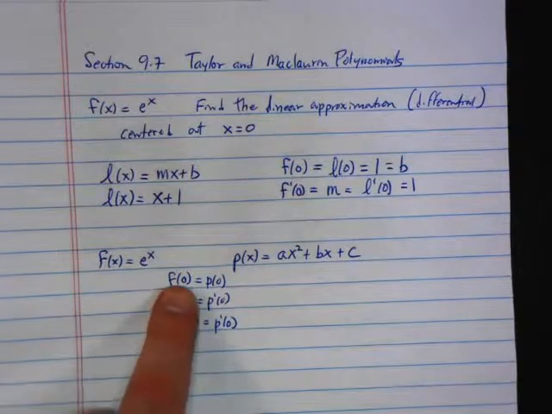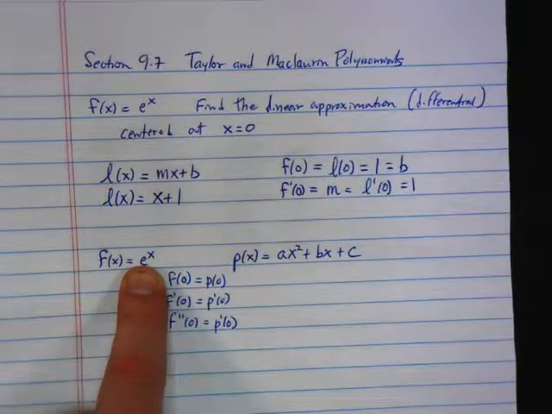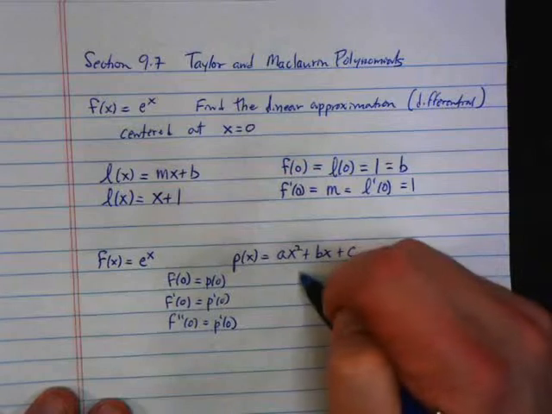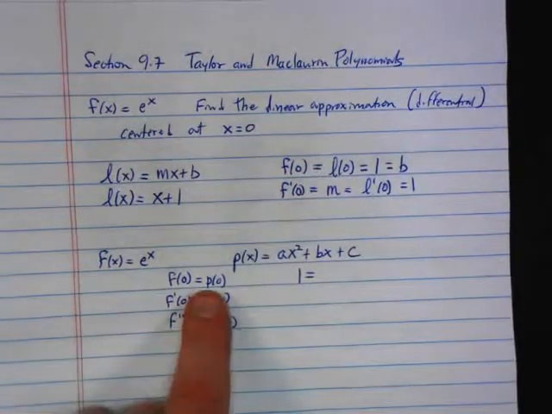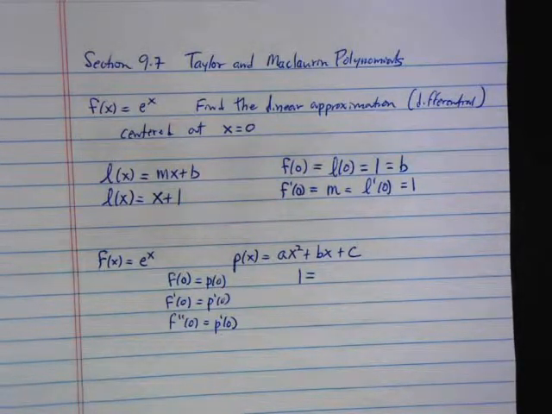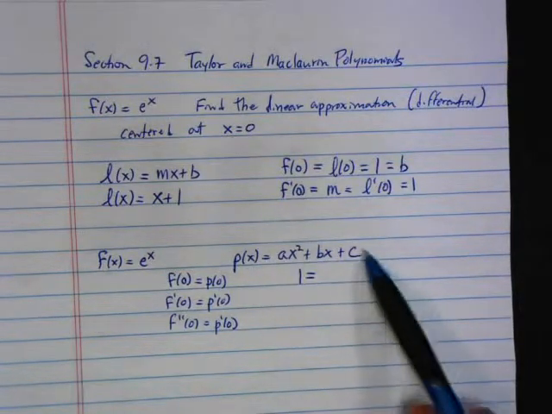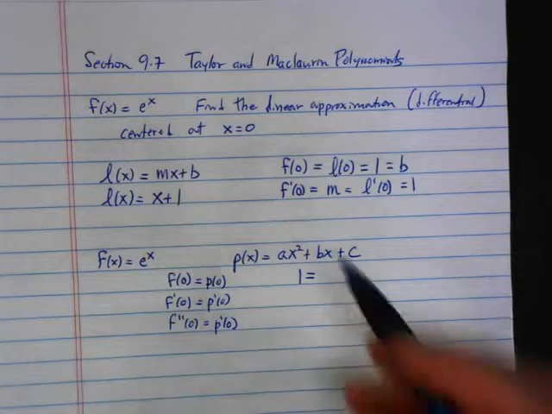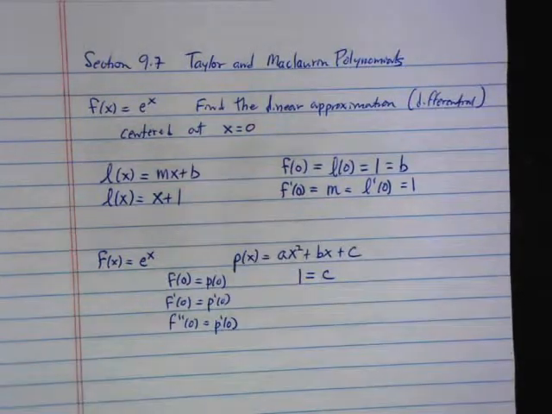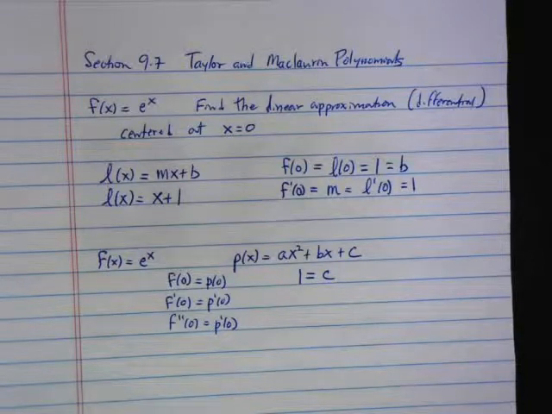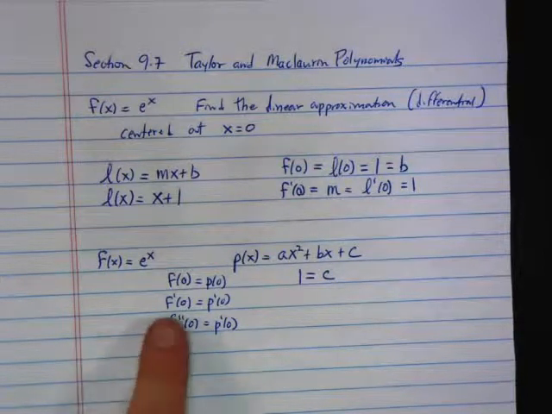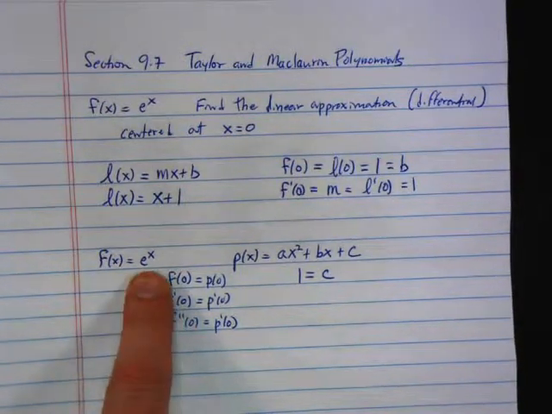Okay, so what's f at 0? 1. What's p at 0? I take 0, I plug it into this equation, I get c. So c is the number 1. What's f prime at 0?